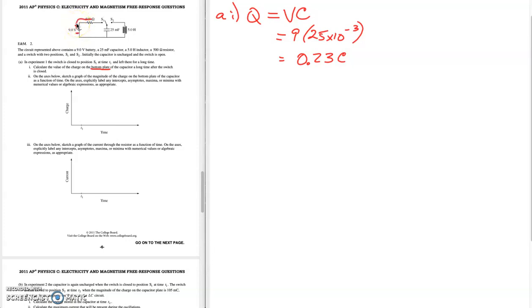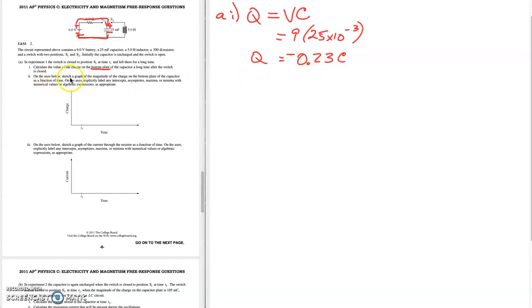So the positive charges are coming around and the positive charges are being deposited on the top plate, which will then repel a positive charge from the bottom plate, leaving a negative charge on the bottom plate as positives then move into the negative side of the battery. So what we need to do is we need to have a negative sign here to indicate that the bottom plate of the capacitor is a negative charge.